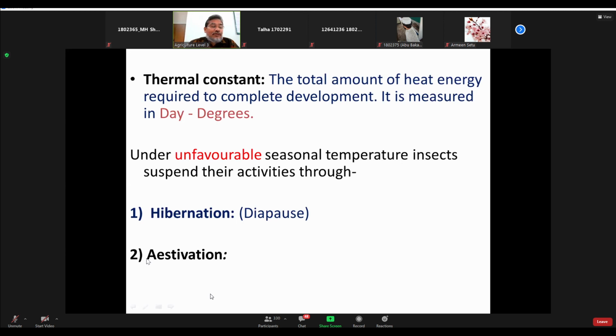For a short period of high temperature or dry weather conditions they can sustain. Diapause is quite a long period, even several months they can pass. But estivation will not be that long like hibernation.